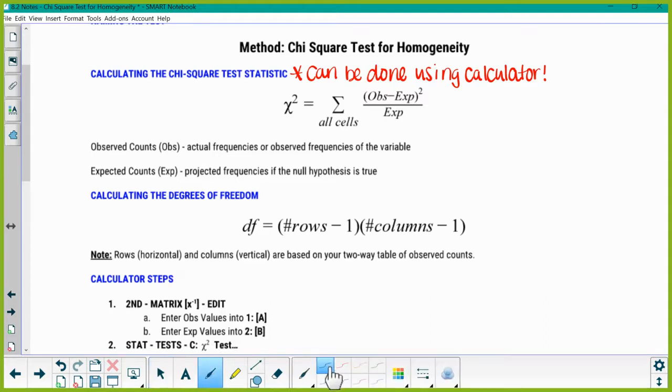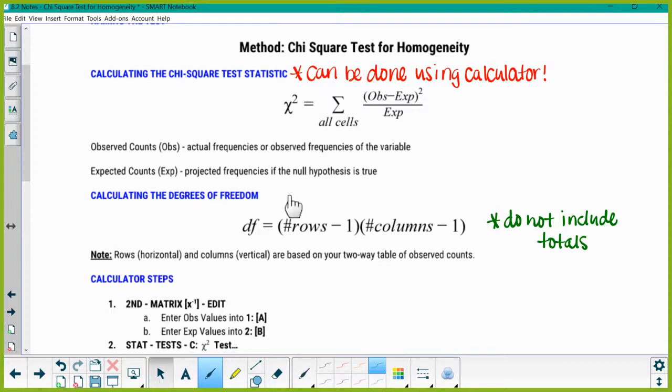Now, one thing to note here especially is do not include the totals. Sometimes the tables will have a row and column of totals for you, which is usually nice because you don't have to total them up yourself. But in your counts for rows and columns, do not include that. Just include data collected counts, not the totals.